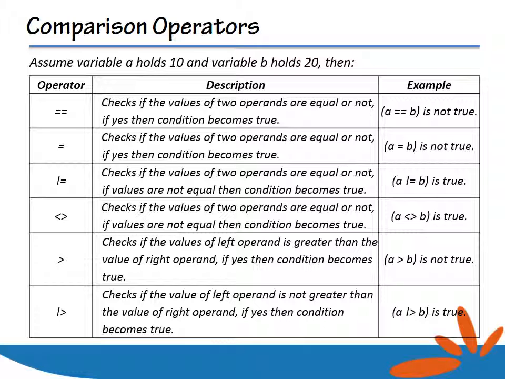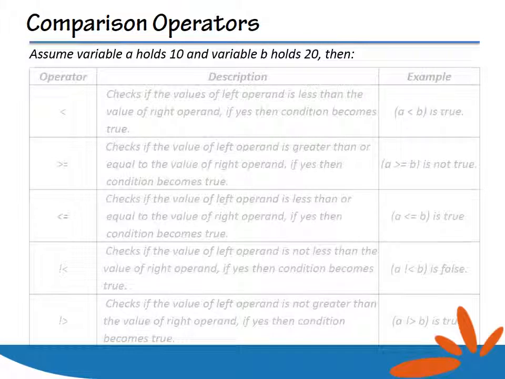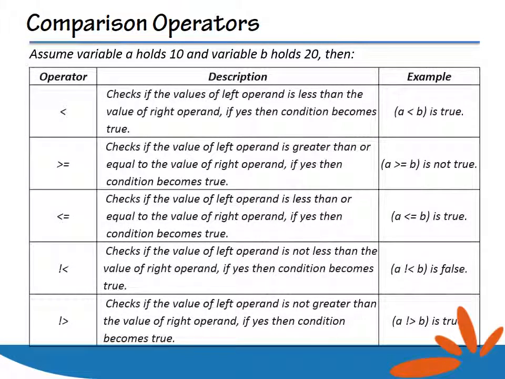Then exclamation and equal is equivalent to a less than and a greater than symbol enclosed to each other. The next one is the greater than symbol, which checks if the value of the left operand is greater than the value of the right operand. Similar to that, the opposite of the greater than is the less than condition, which checks if the value of the left-hand operand is less than the value of the right-hand operand.